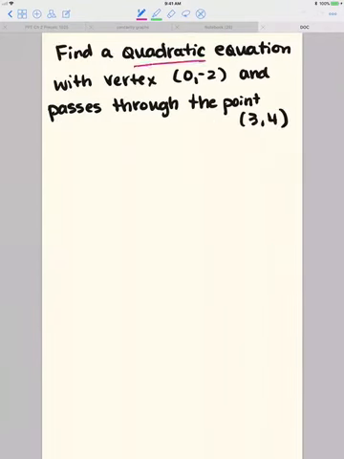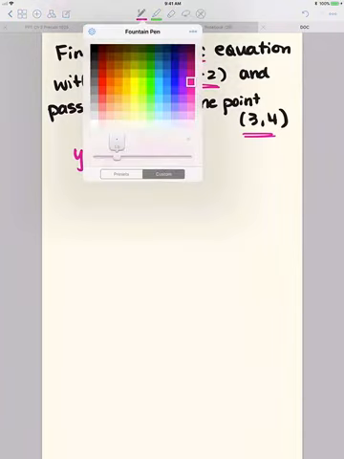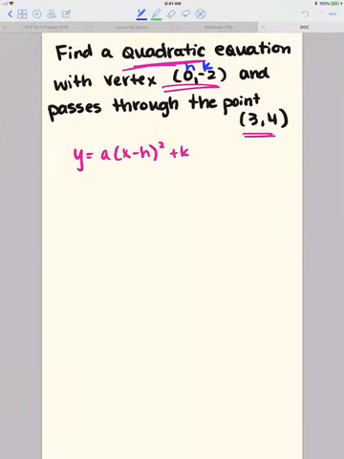Here's another one. Vertex is given. It gives you another point. Same thing. If it gives you the vertex, do the vertex form. At this point, if you wanted to plug in everything, you could. You have a vertex (h, k), you have a point (x, y), so I can plug 4 in for y, 3 in for x, 0 in for h.